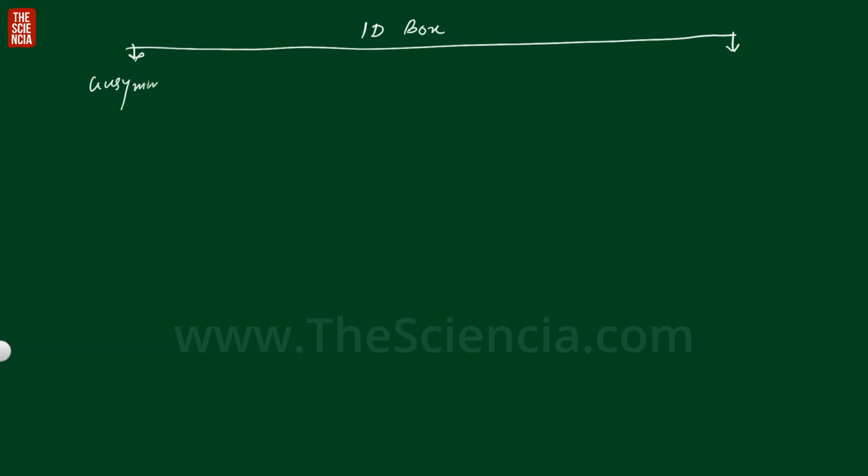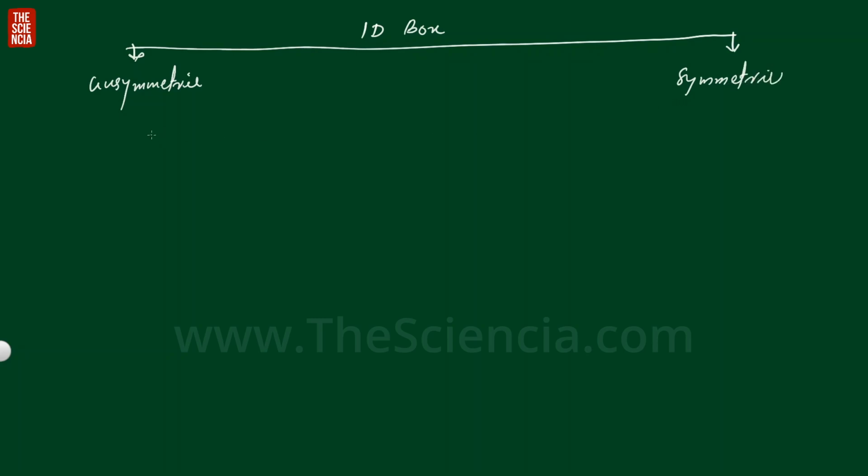Now we can summarize all this idea about symmetric box and unsymmetric 1D box. That is, a 1D box may be symmetric or unsymmetric, right?